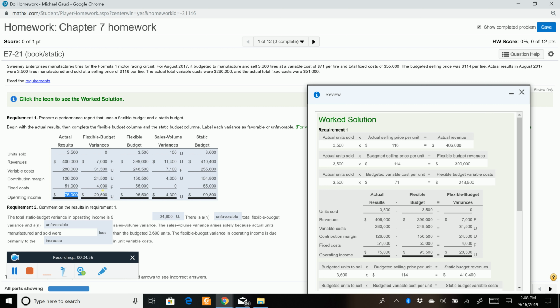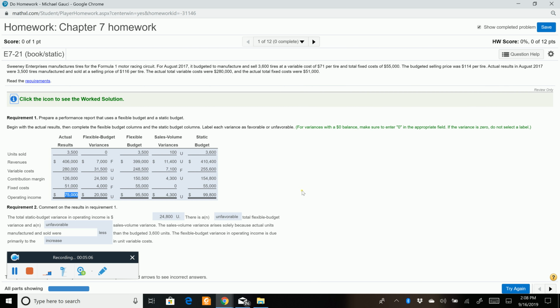So the flex budget variance, which is the level 2 analysis, is a $20,500 unfavorable variance. And that is something that would need to be analyzed to figure out why it is unfavorable.